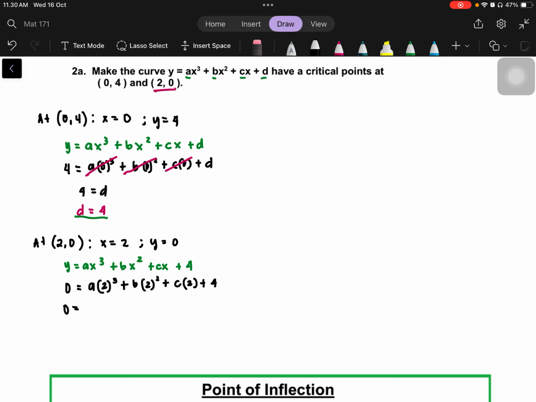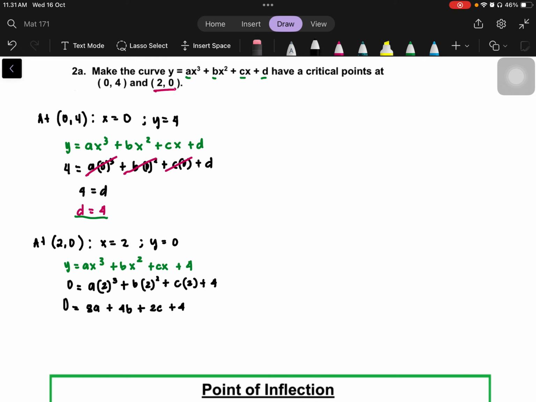So ang gawin natin dito, to just simplify, we have 0 is equal to 2 cubed is 8, A, plus 2 squared is 4, B, plus 2 times C is 2C. Then plus 4. Okay. So, dito, ang gawin natin is to divide both sides by, ano, no. Para mas, baka malito kayo eh.